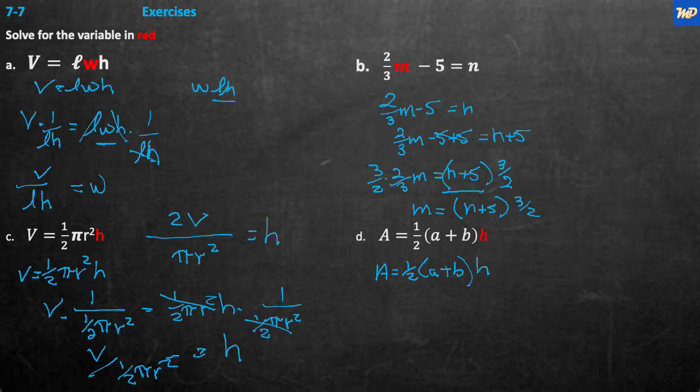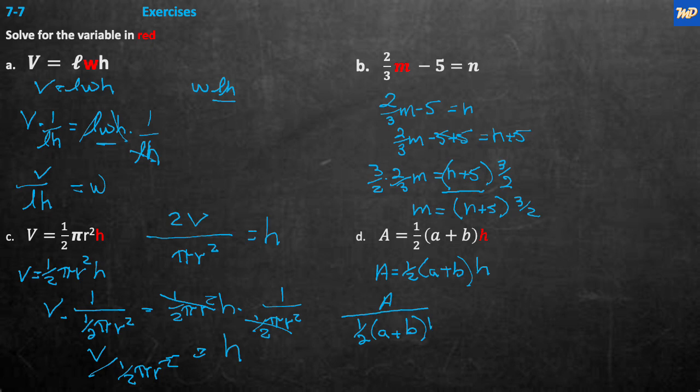This entire piece up front needs to move to the other side by dividing by the entire thing. So we're going to say A divided by 1/2 the quantity A plus B.